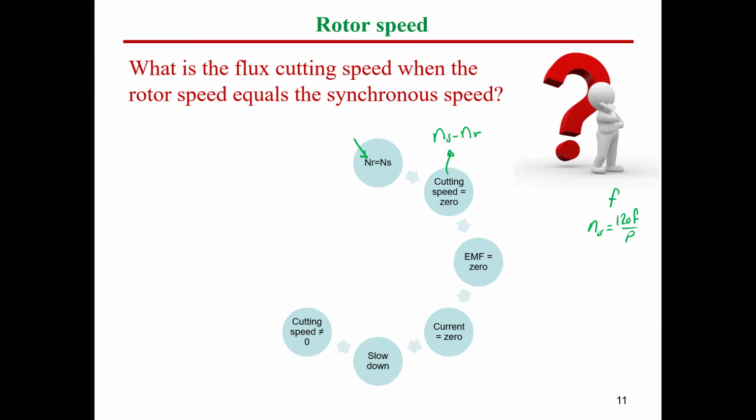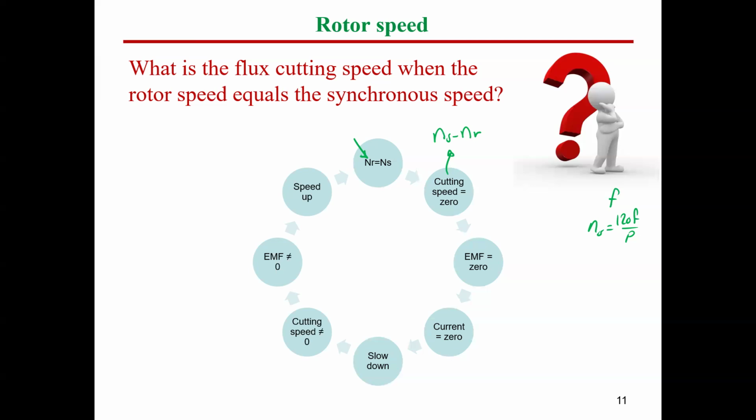So you will have a cutting speed, and this cutting speed will produce induced voltage and then current. And this is going to speed up the machine again until reaching the synchronous speed. So it's like a rotating cycle, guys.